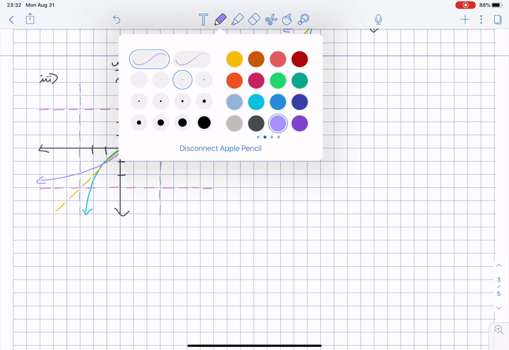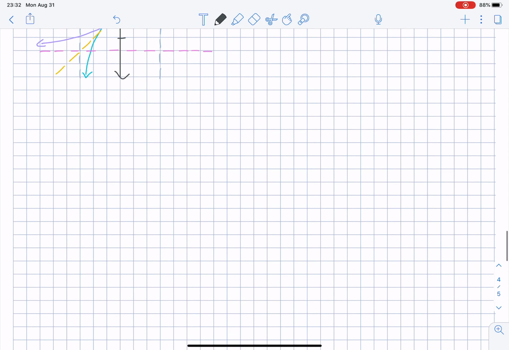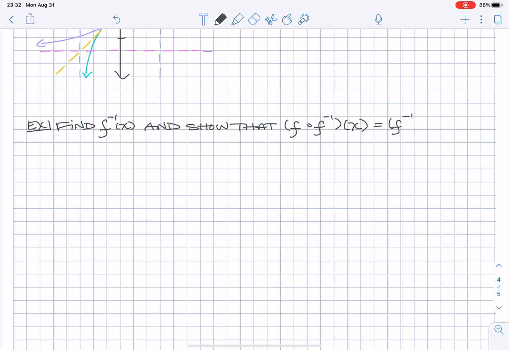Okay, and now for our final set of examples. So, example. Let's find f inverse of x and show that f composed with f inverse of x is the same as f inverse composed with f of x.